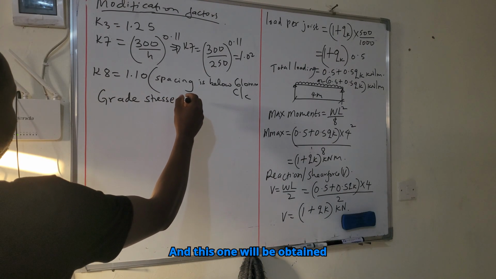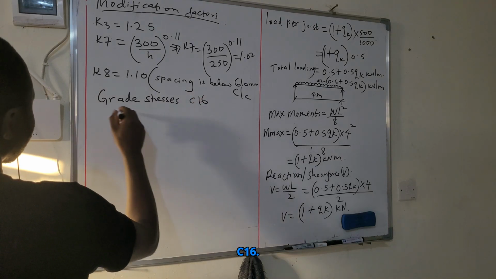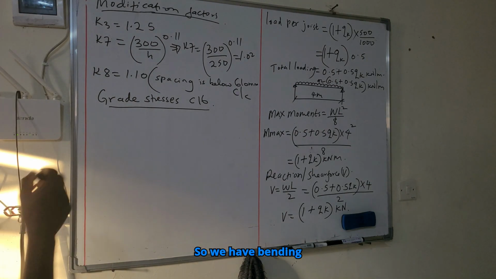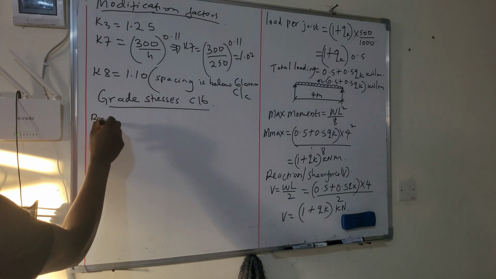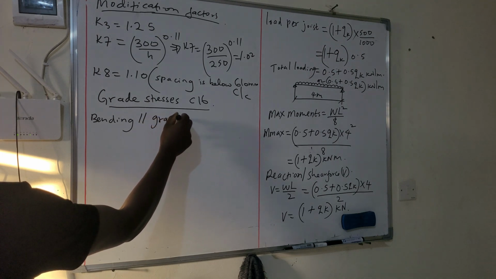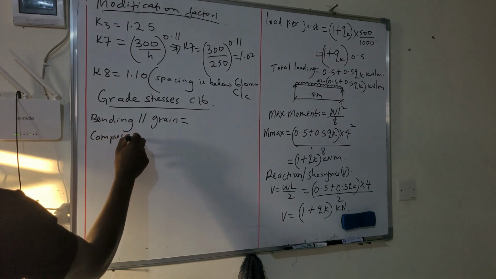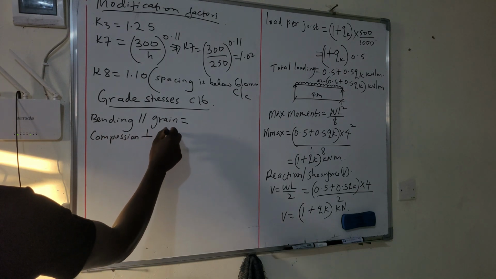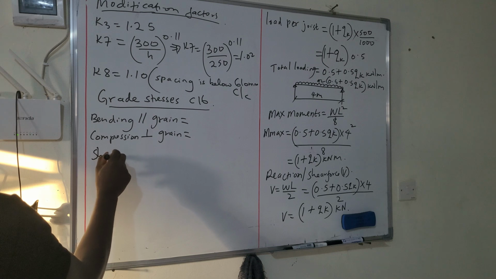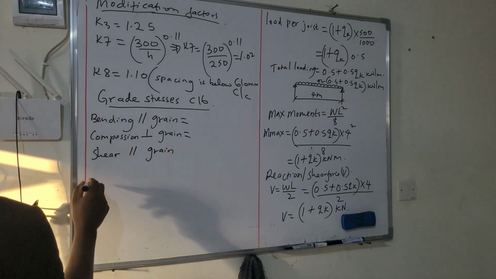And this one will be obtained from strength class C16. So we have bending parallel to grain, and then compression perpendicular to grain, and then you have shear parallel to grain, and then you have E mean.